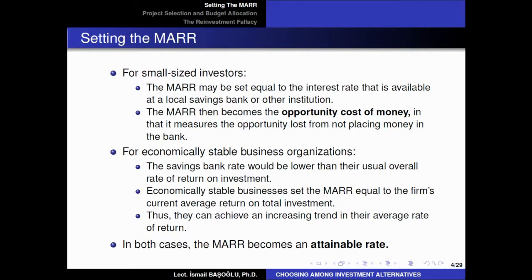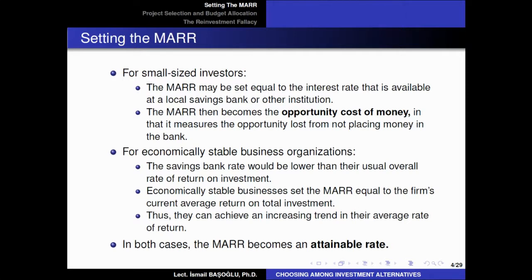And therefore, they set their minimum attractive rate of return equal to the firm's current average rate of return on total investments. So, for example, for the last 5 years, a certain business organization may invest in multiple investments. And for the last 5 years, they calculate the annual rate of return of all of these investments and then take the average of the last 5 years' rate of return.